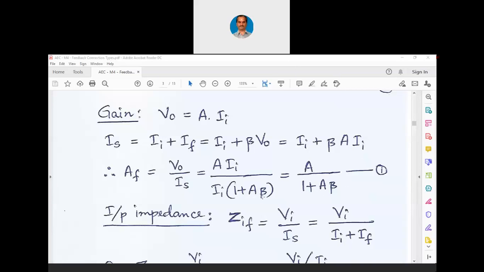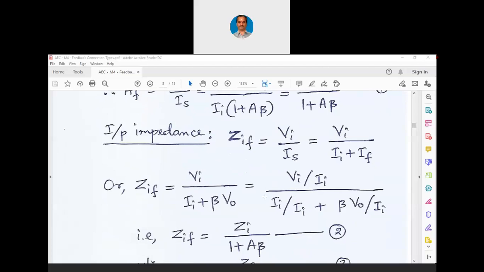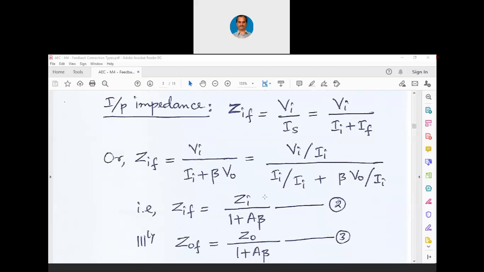Now let us derive the formula for input impedance. Input impedance with feedback, Zif, equals Vi by Is. Now Is is Ii plus If. So input impedance with feedback is Vi divided by Ii plus beta into Vo. Now let us divide numerator as well as denominator by this term Ii.